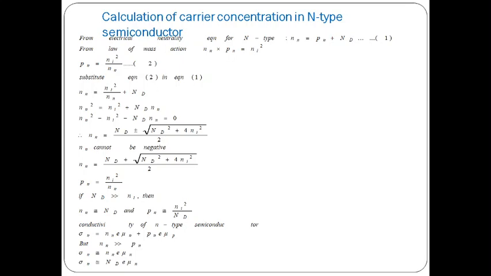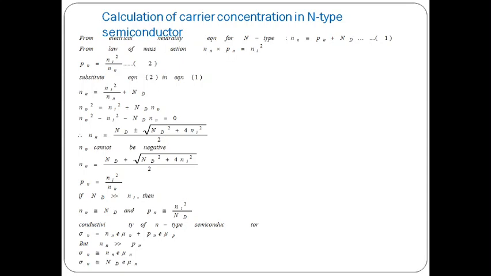In this, negative charge is indicated by the electrons and acceptors, and positive charge is indicated by the holes and donors. So here we have written the electrical neutrality equation for N-type semiconductor.